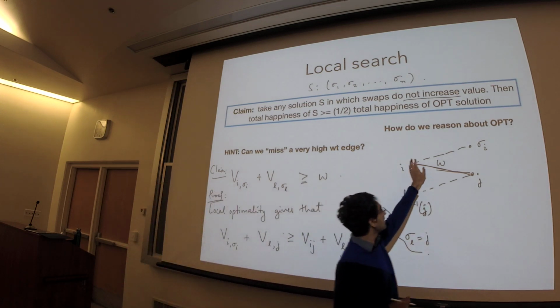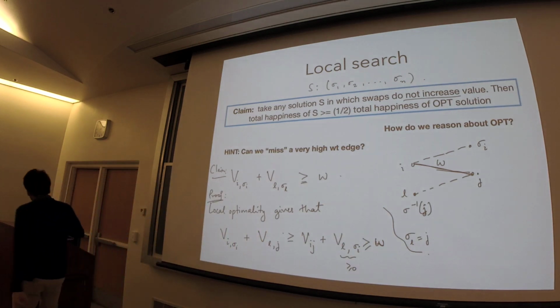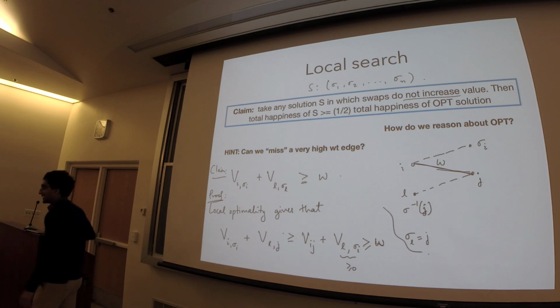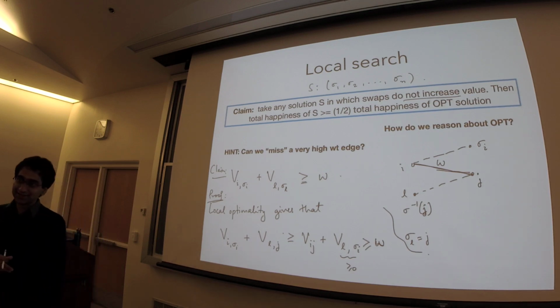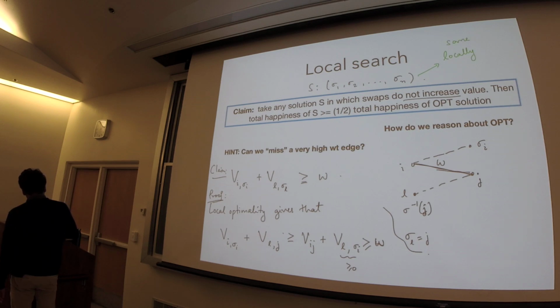So the main challenge in this solution is always the notation. So let's get that straight. What is sigma? Sigma is the locally optimal assignment, some locally optimal assignment, and let's say it's shown in green.